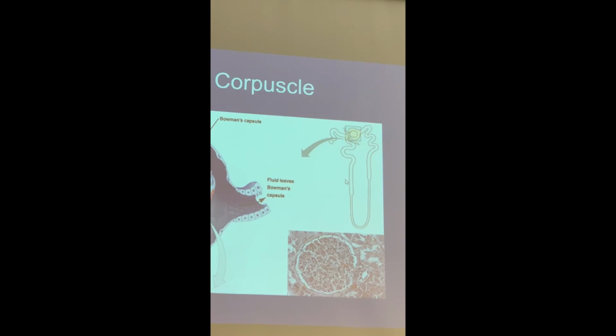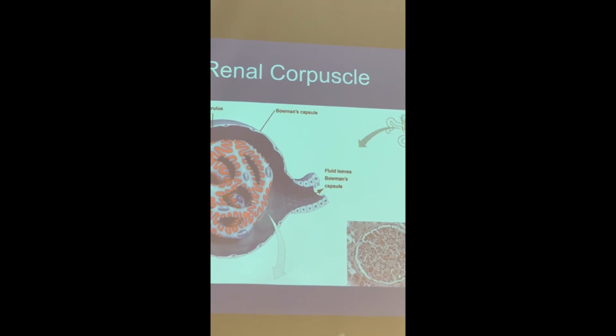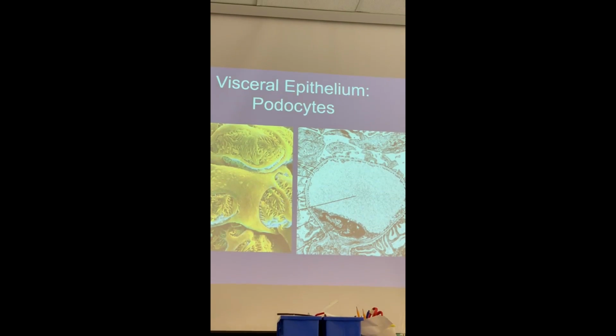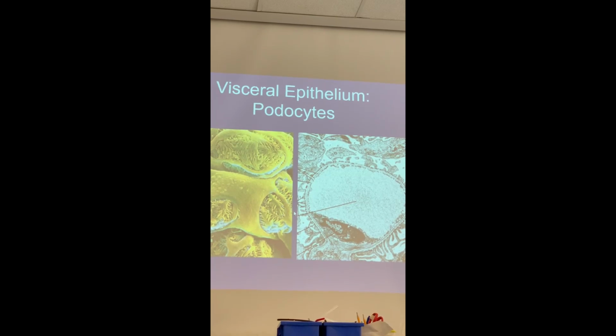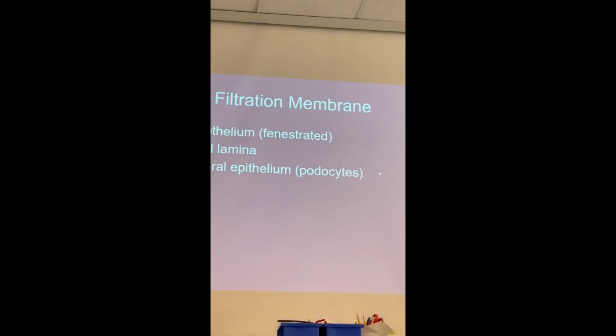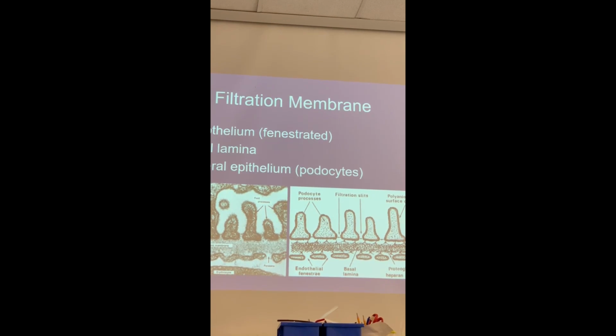Okay, and we've seen this picture of the renal corpuscle. You guys have noted them here. We've also looked at the structures that make up the filtration membrane, the fenestrated epithelium, the basal lamina, and then the visceral epithelium. And there's a nice electron micrograph of it. You can see the capillary endothelium here with the fenestrae and all the interconnected fibers.